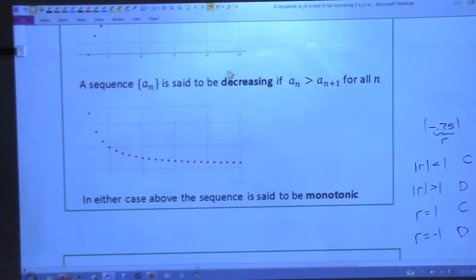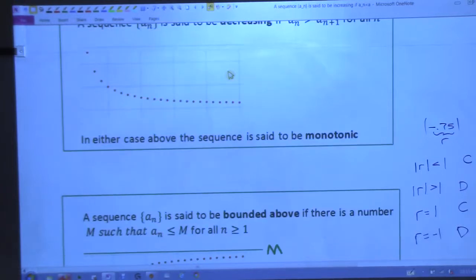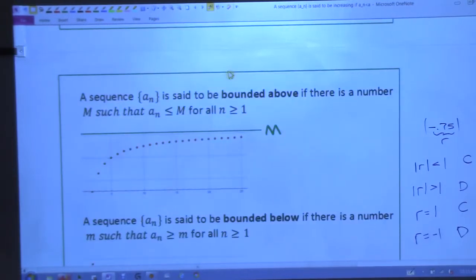Mono meaning one. Monotonic meaning doing the same thing for the whole time, all right? Just like any linear function, if you turn it into a sequence, would be a monotonically increasing sequence.